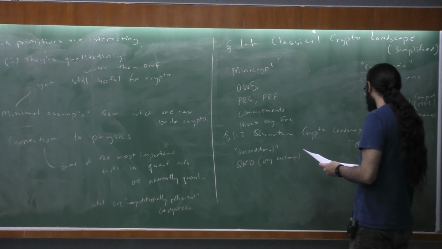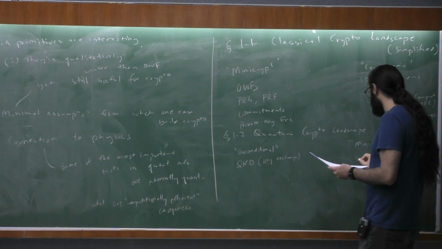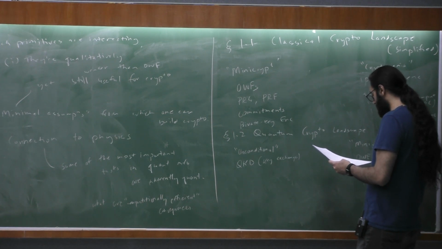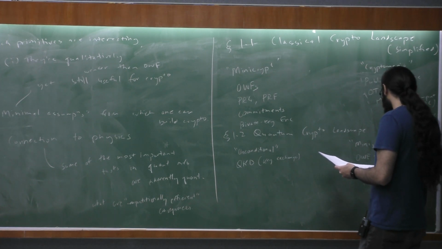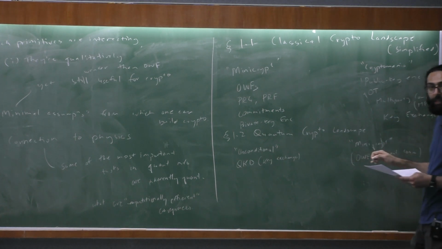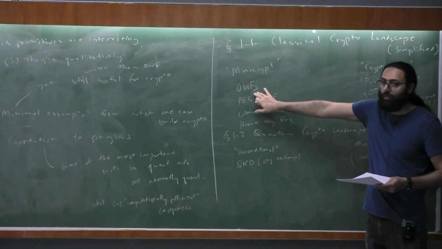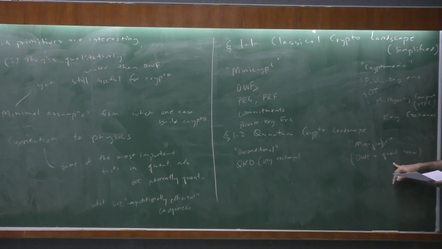Then there's mini crypt, mini q crypt, let's say. Here you have one-way functions plus quantum communication. That's how we are thinking of what we mean by mini q crypt. In the classical case you had one-way functions and classical communication. Here you have one-way functions plus quantum communication, and you're trying to see what the consequences are.